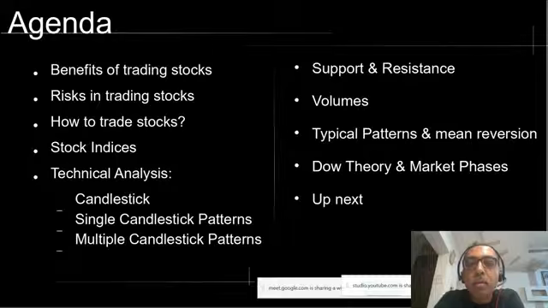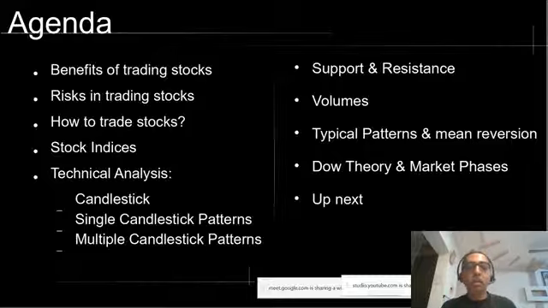And at a little moderate level, supports and resistances, volumes, what are the different types of patterns which are getting generated when different trades are occurring, and then Dow theory as well as market phases. And then we will see what is the next agenda in the next session.